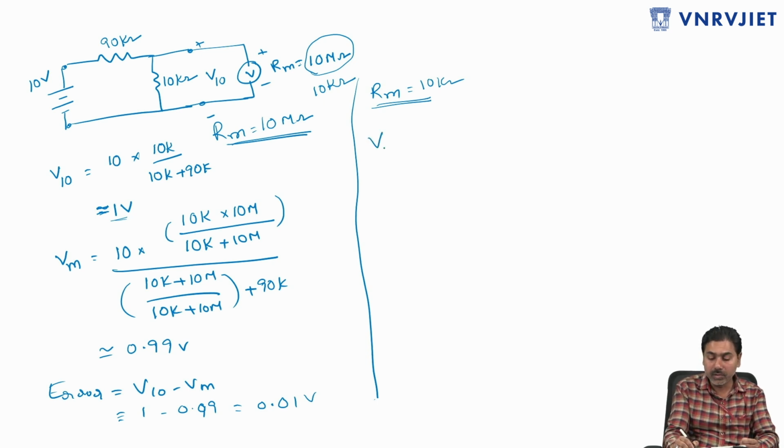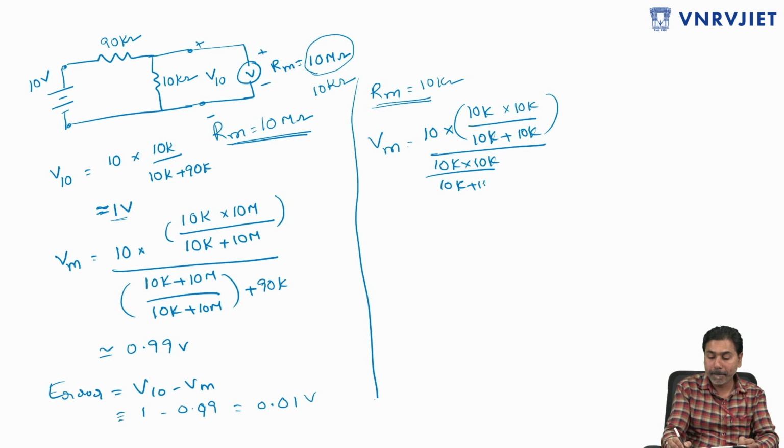Now we only calculate the meter reading. Vm is equal to 10 into, here the parallel resistance is 10k and 10k because Rm is 10k now. So 10k into 10k divided by 10k plus 10k, divided by 10k into 10k by 10k plus 10k, plus the series resistance 90k.